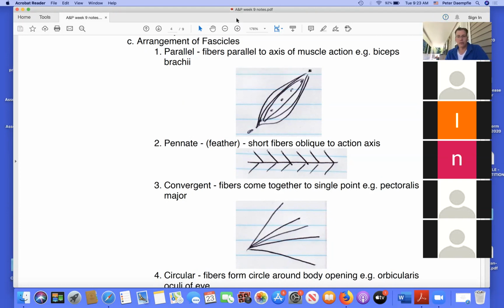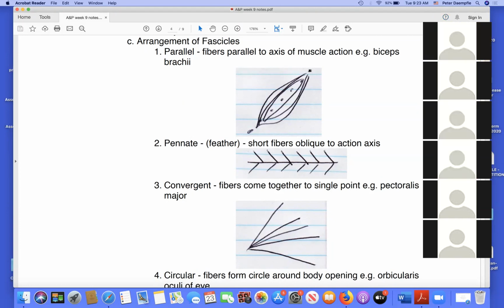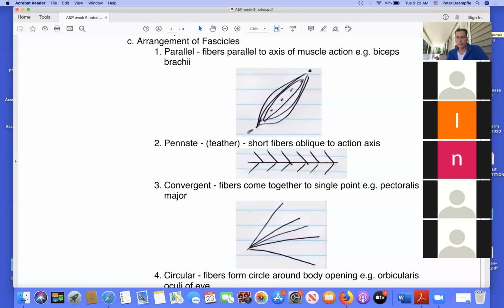And you exercise always along the axis of the fibers. So if you're going to work out your parallel muscle arrangement, you've got to work it out in that direction. All right, so that's why a curl is like so. Okay, so that's parallel fiber arrangement, all go in one direction.